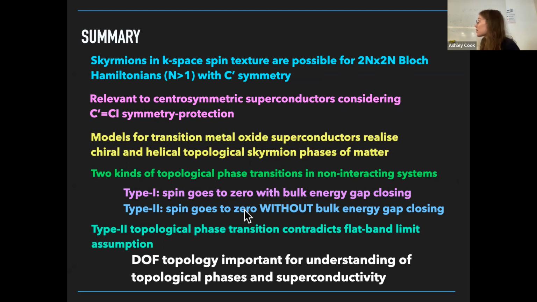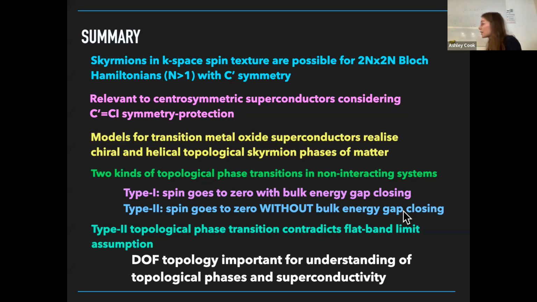And type 2 is when the spin goes to 0 without the closing of a bulk energy gap, which I attribute to the combination of non-negligible atomic spin orbit coupling and some additional suitable degree of freedom, like an orbital degree of freedom, such that the spin that is not conserved in this case can go to 0 without the closing of an energy gap, because your total angular momentum can flow entirely into the orbital sector without the closing of an energy gap.